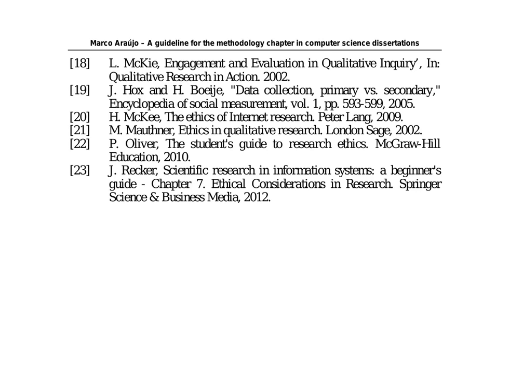Data collection, a vital component of research, can be categorized into primary and secondary data, as discussed by Hawkes and Boe, 2005. The ethics of Internet research, as explored by McKee, 2009, and ethics in qualitative research, as discussed by Mauthner, 2002, highlight the importance of ethical considerations in research design and implementation.